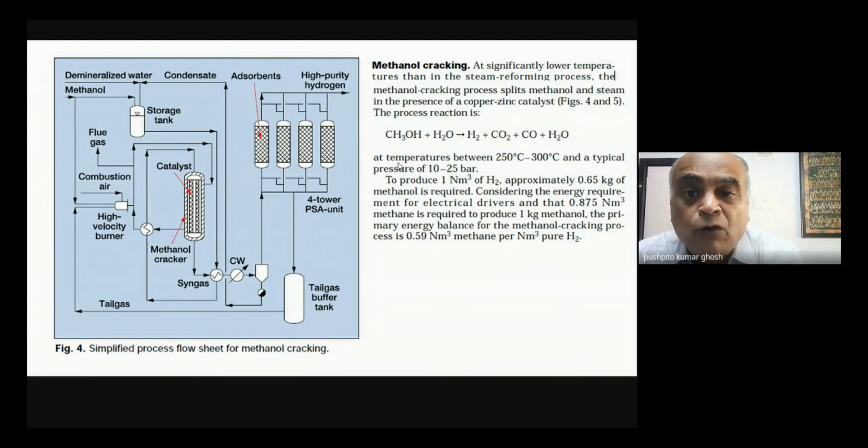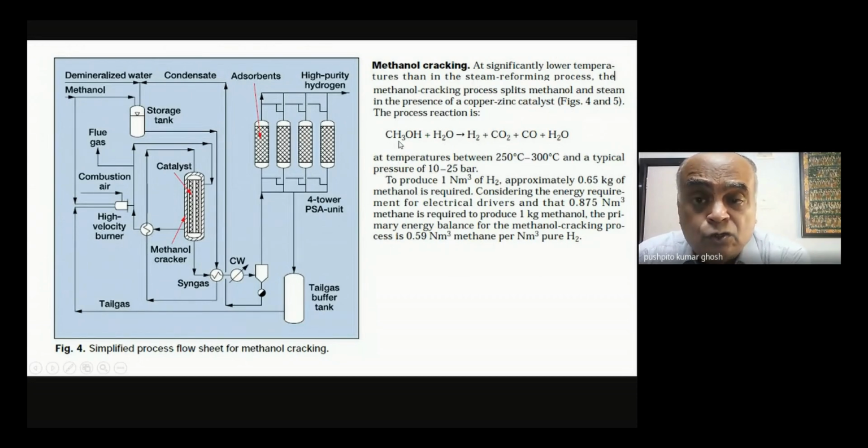Now similarly, people are also looking at making hydrogen from methanol, and methanol has the advantage that because methanol is a liquid, it's easy to transport. So that's one advantage, that people can produce hydrogen locally by taking methanol.